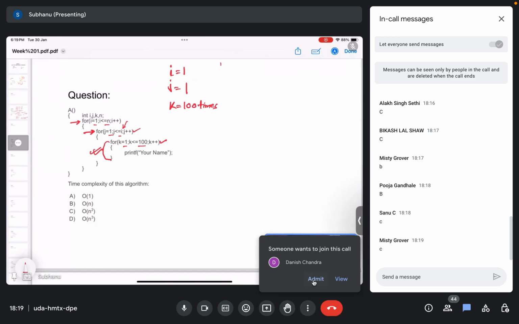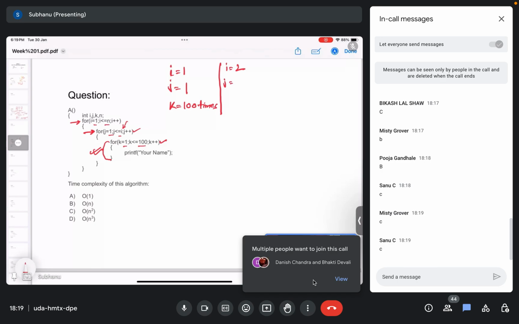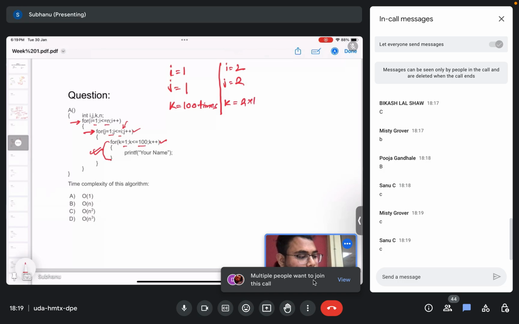Then try for i equal to 2. What will happen? For i equal to 2, j will run 2 times, then k will run 2 into 100 times. Then for i equal to 3, j will run 3 times and k will run 3 into 100 times.